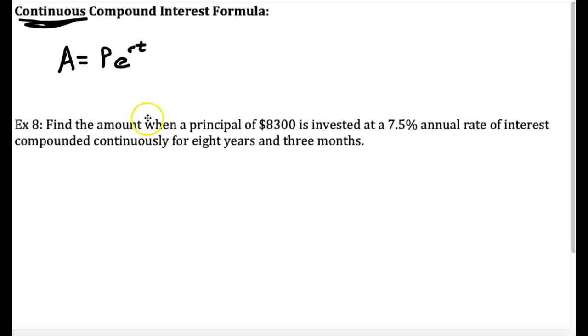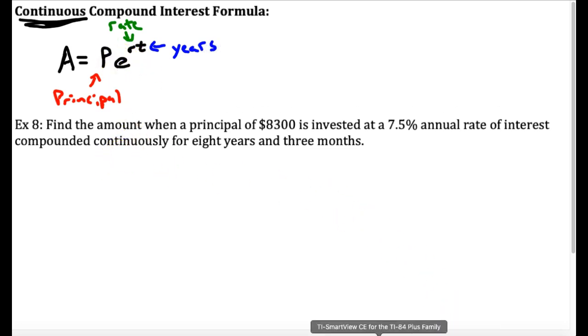So A equals the principal amount times this special number E raised to the rate times time power. So those other pieces stay the same, right? P is the principal amount. R is the rate. And T is the number of years. But E is some special number.